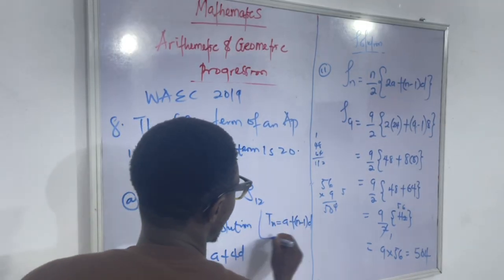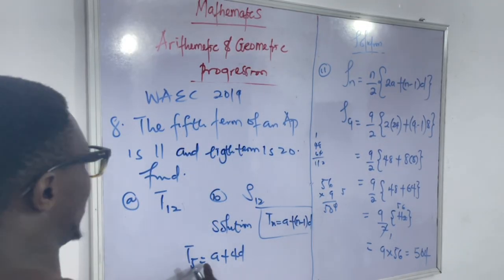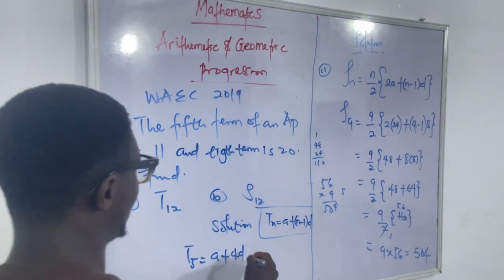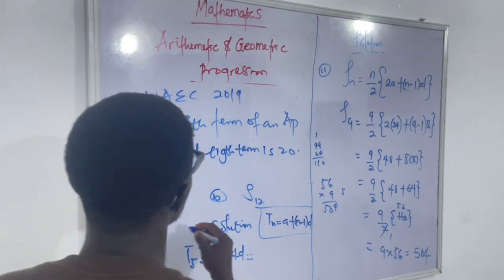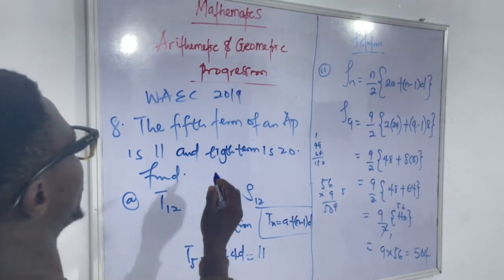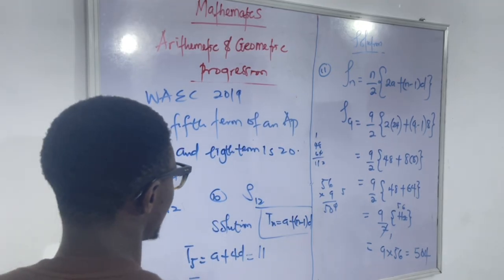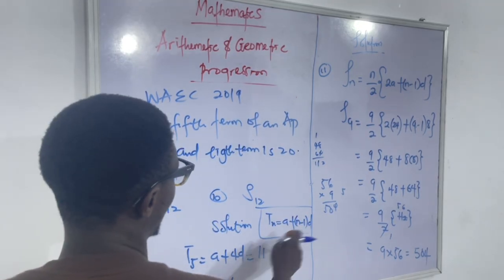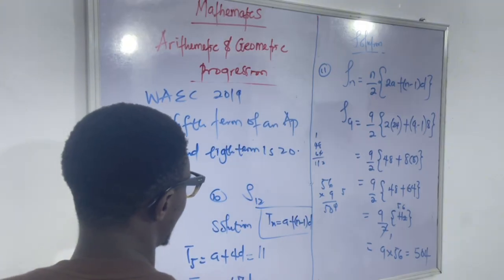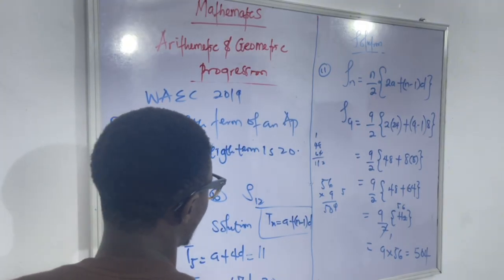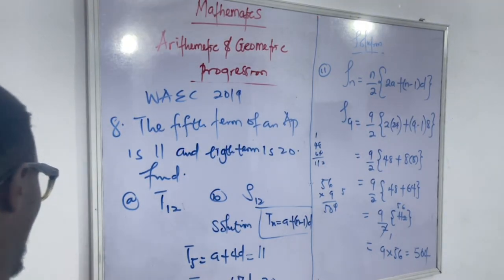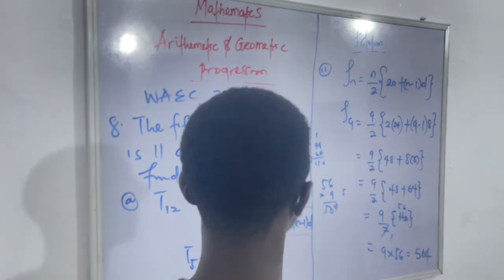That's where we got our T5 to be A plus 4D, and it's given as 11. So the 8th term T8, following that sequence, 8 minus 1 is 7D, equals 20.